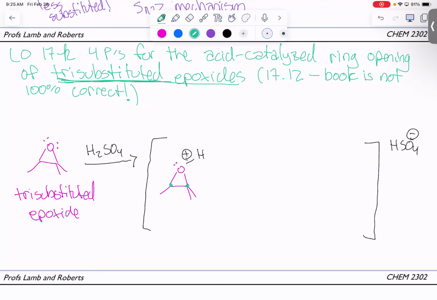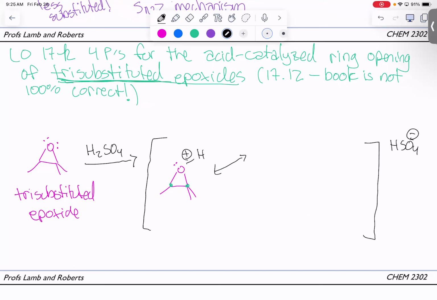And last time we were very much guided by an SN2 mechanism. All right, so let's take a look at some ways that we can think about this particular molecule, all right? So we're going to start to break the bonds between the carbon and the oxygen, all right?